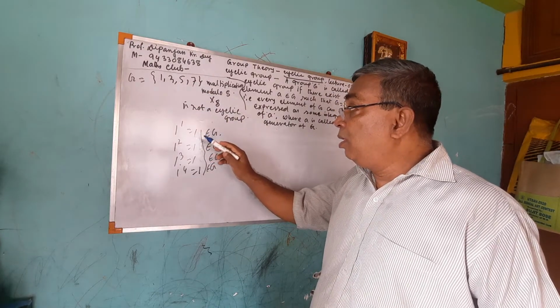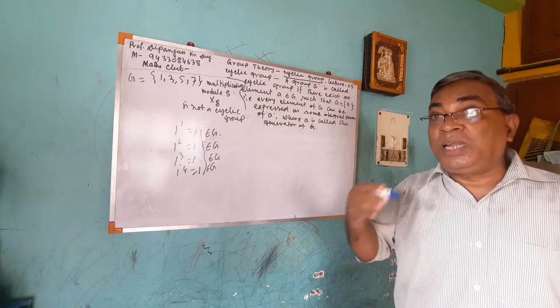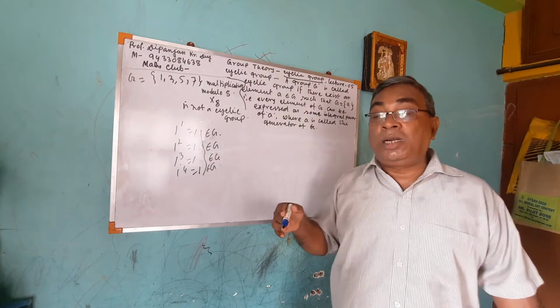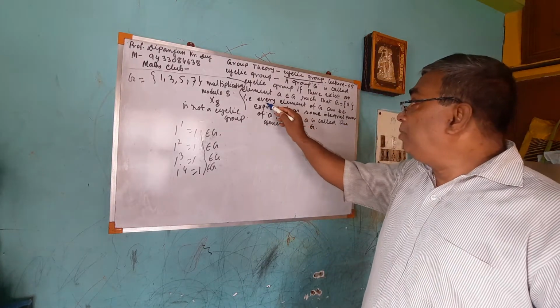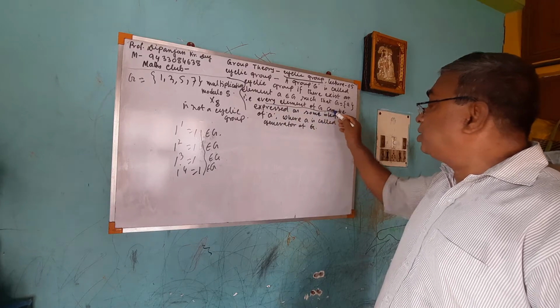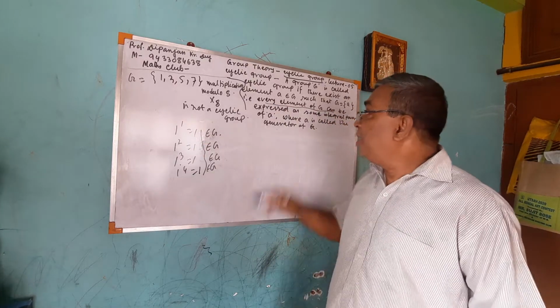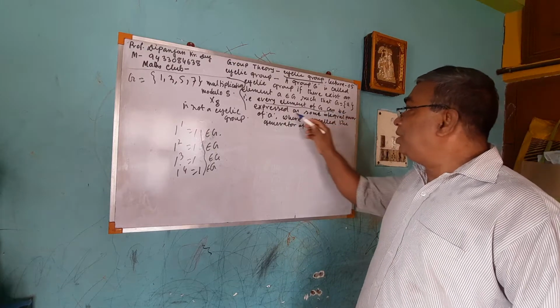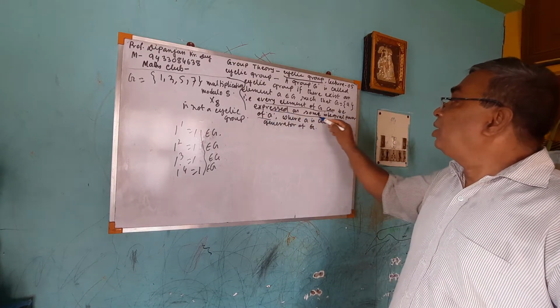But what I told, every element of G can be expressed as an integral power of the generator. But here we are not getting every element.